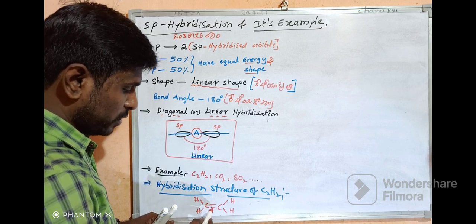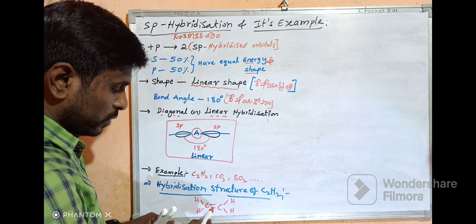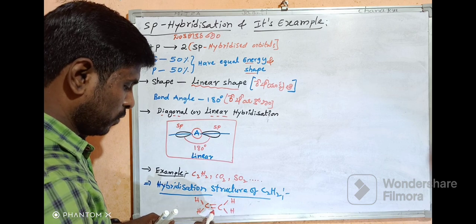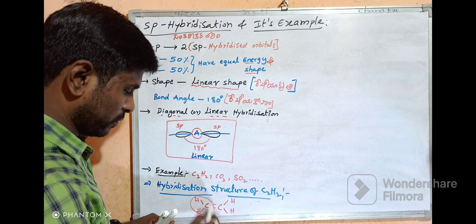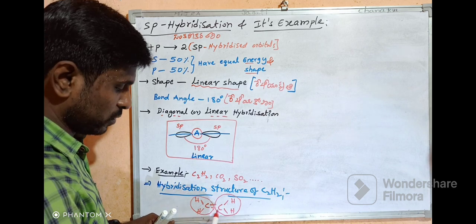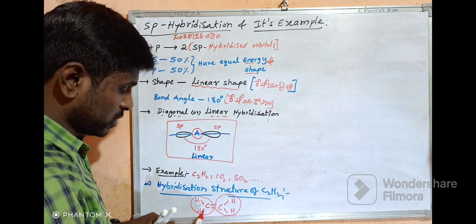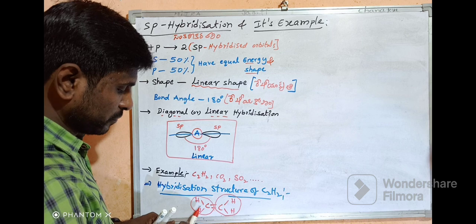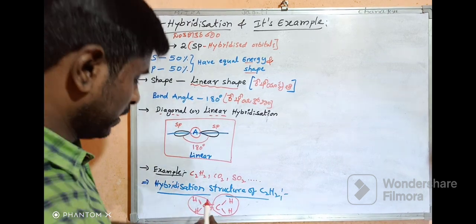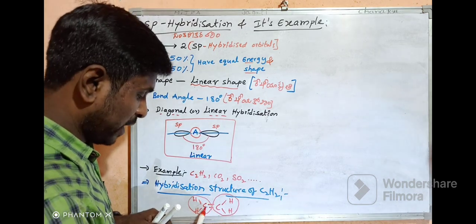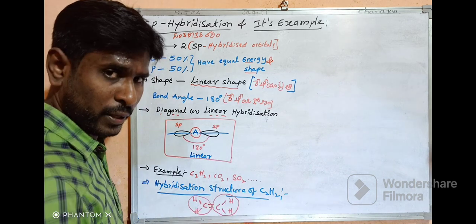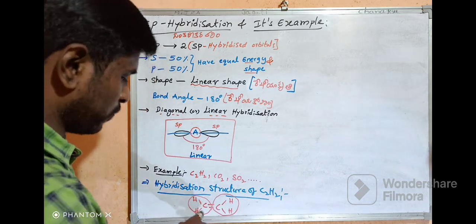Now we have to discuss the hybridization structure of acetylene, C2H2. We consider this carbon and this carbon. Both appear the same, so we only have to find the hybridization of any one carbon.